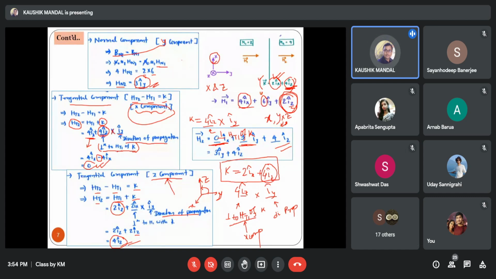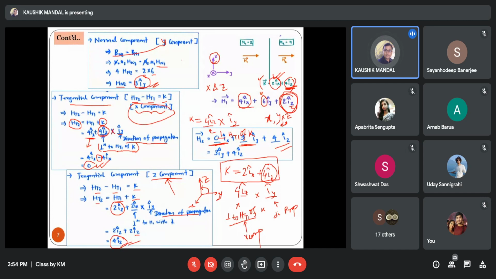The question is whether it is plus x or minus x. It is in the x direction, but not in the plus x direction, rather in the minus x direction. That's why iz cross iy is nothing but ix, with a negative sign, as mentioned in this step.